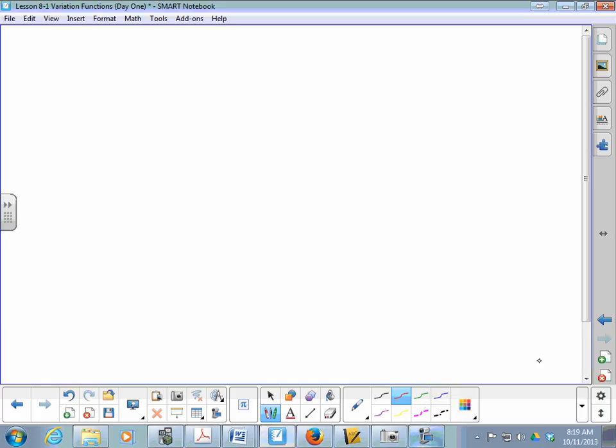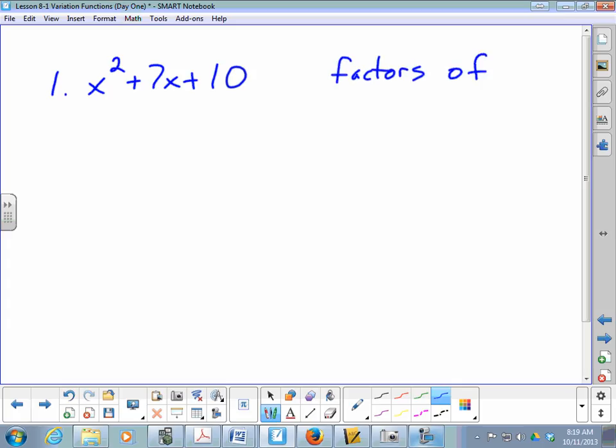Quick factoring reminders. I'm going to do 2 of these just to remind you how to do this. So we've got number 1, x squared plus 7x plus 10, and they want us to factor this. So what are we looking for? We want the factors of c, right?